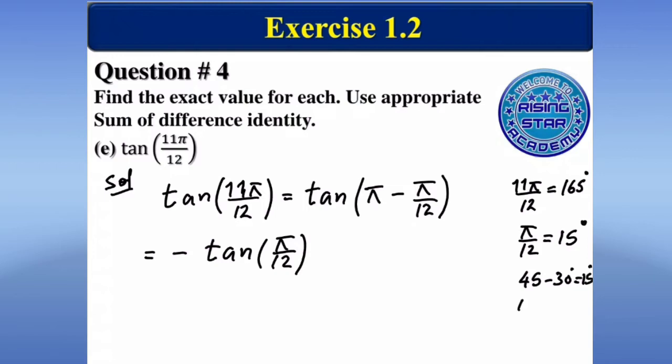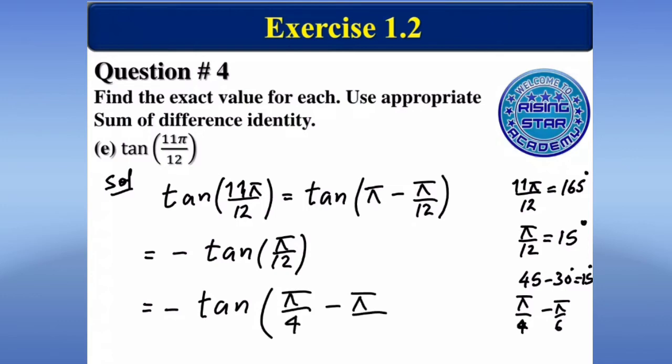So 45 is pi by 4 in radians, and 30 would become pi by 6. So now I will rewrite it like minus tan of pi by 4 minus pi by 6. Now I will apply the identity over there.